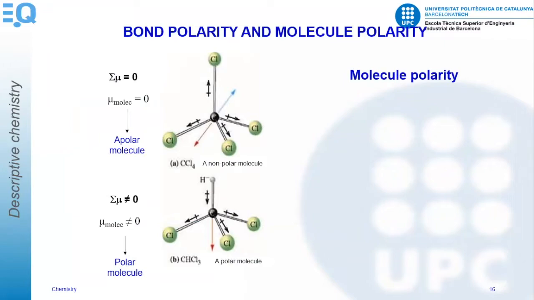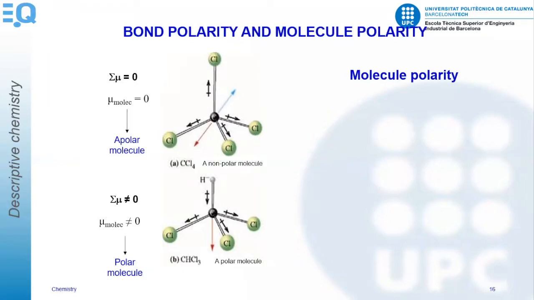Now, for the first molecule in this slide, we have 4 chlorides, right? And just one carbon on the center. Now it's a non-polar molecule because the polarity is 0. All the bonds are making the exact same force, therefore equals 0.